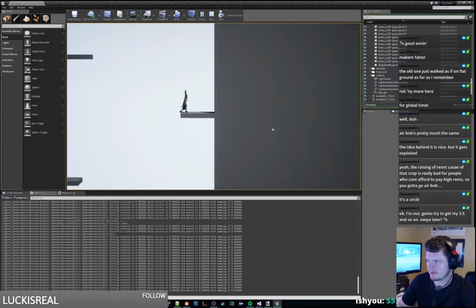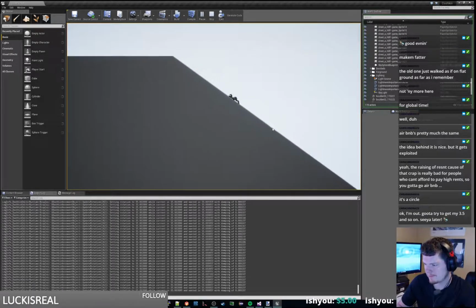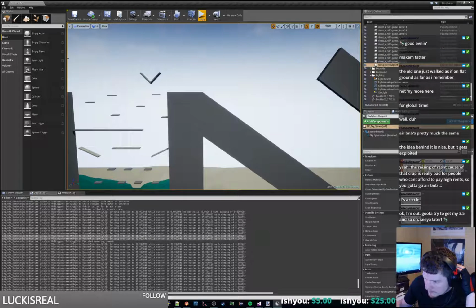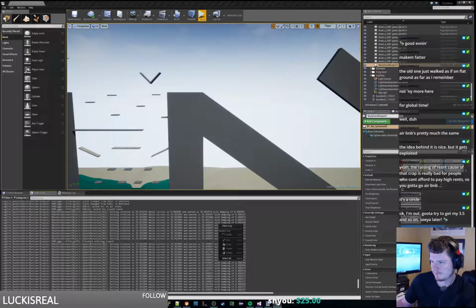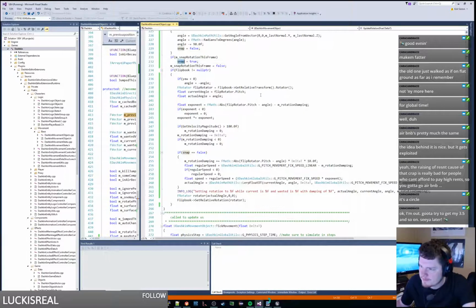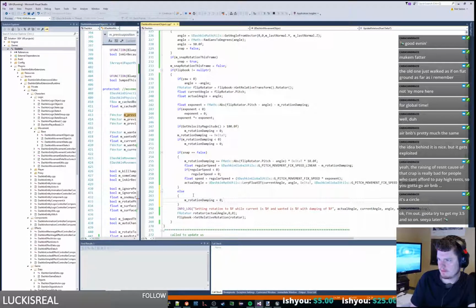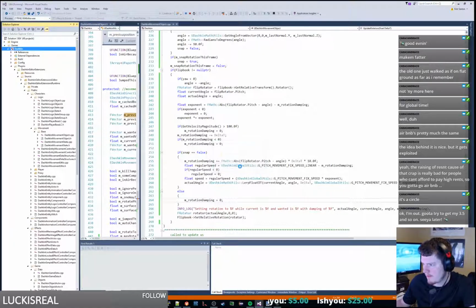So why are we having trouble when we land? Is our rotation damping screwed up?